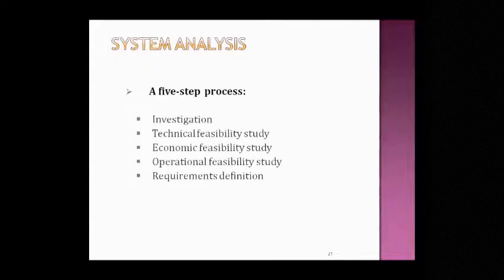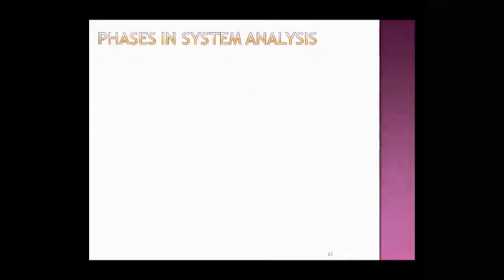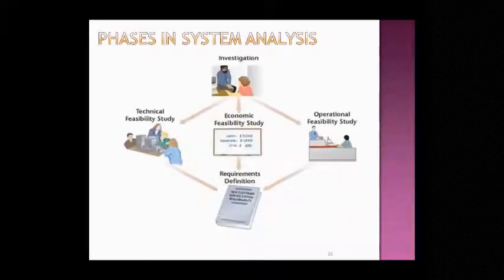So, we have 5 steps on how to do the system analysis. First, of course, you have to do the investigation. Then there should be a technical feasibility study, an economic feasibility study, an operational feasibility study, and then you have the requirements definition. So let us see those phases.